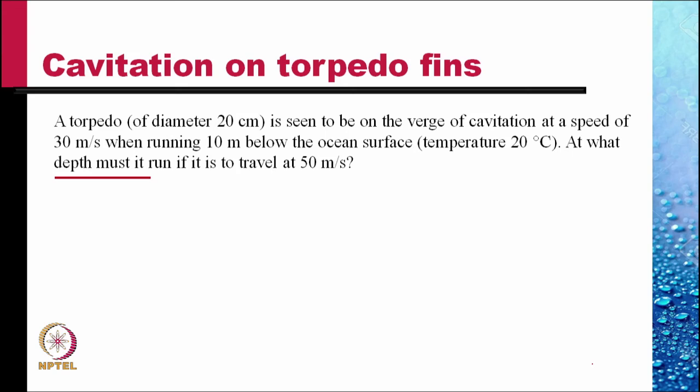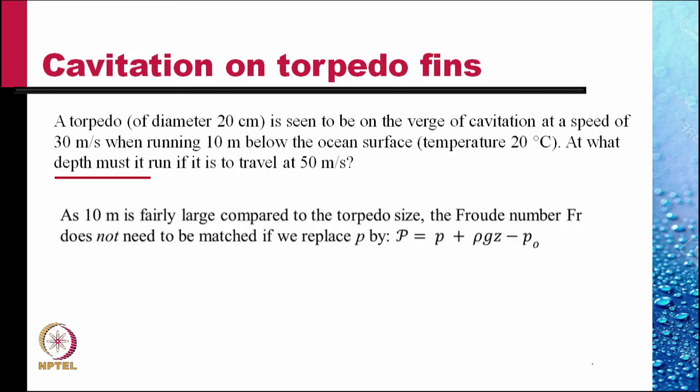At what depth must the torpedo run if it is to travel 50 meters per second? If we want to run it faster, then the pressure difference would be larger. So if cavitation does not have to occur, the ambient pressure should be larger. So the depth of the torpedo run must be more.